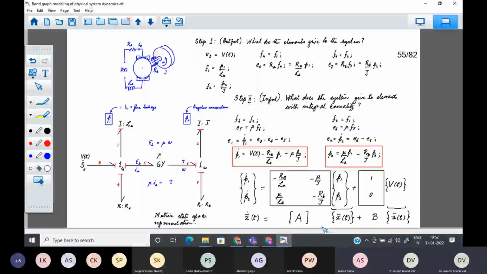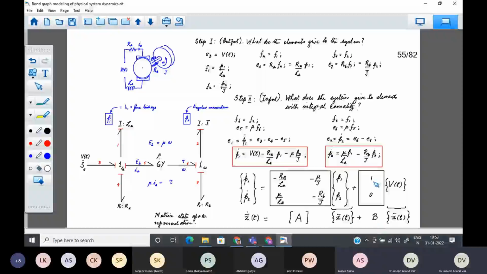Now you can see that the state vector is shown here as x of t, the x vector. Its derivative is available on the left hand side as the time derivative of the state vector. This matrix here is the state matrix, this is the matrix A, and it is operating on the state vector.